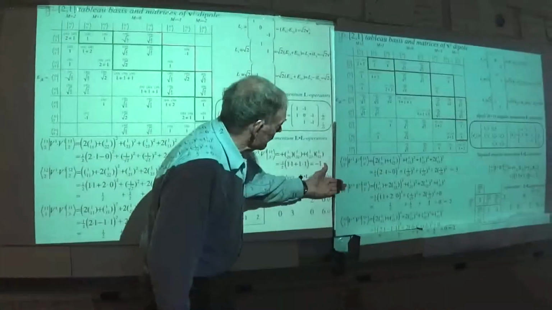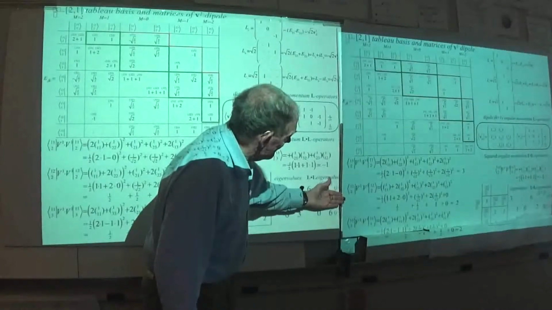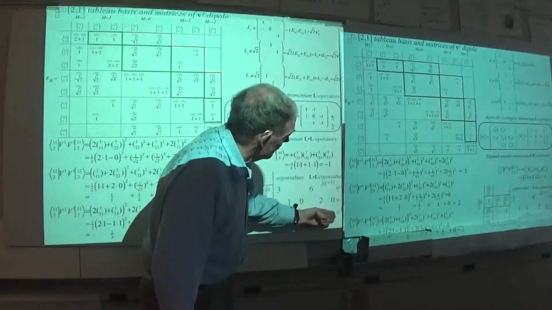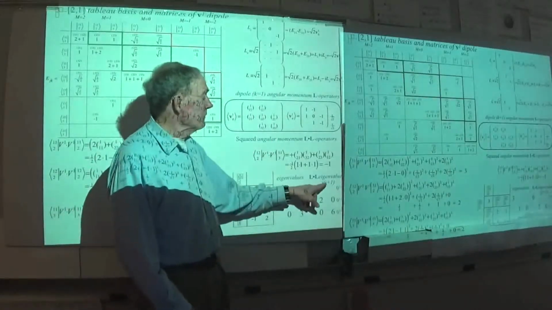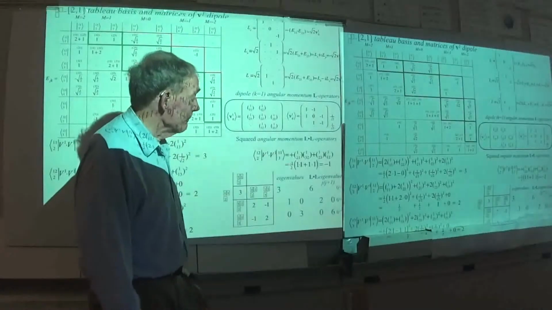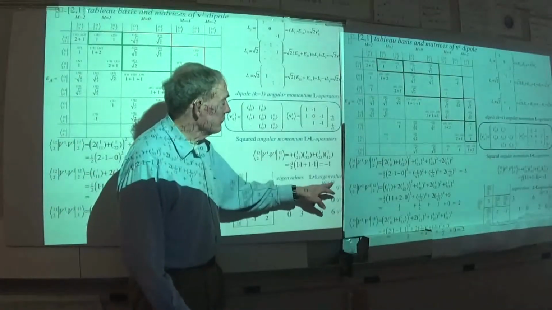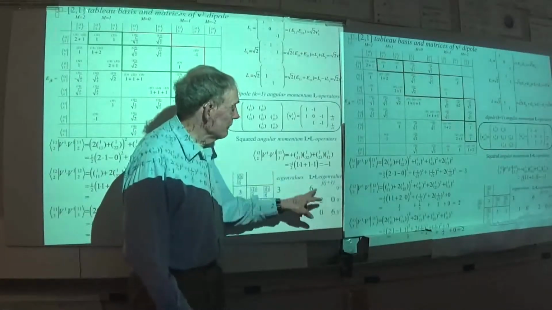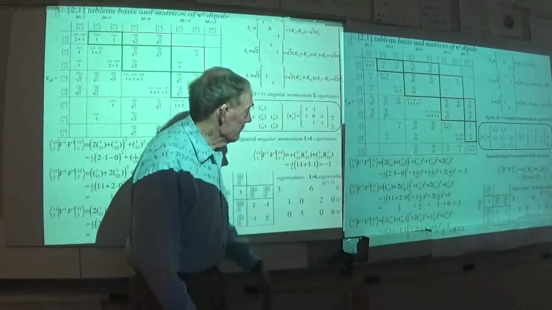There's a j equal 2 right there, there's a j equal 1 right there, and then there's another j equal 2 right there. So what those are is j times j plus 1, the eigenvalue for the square of angular momentum. J equal 2 times 2 plus 1 is 6. So both of those belong to angular momentum 2, and this one belongs to angular momentum 1.